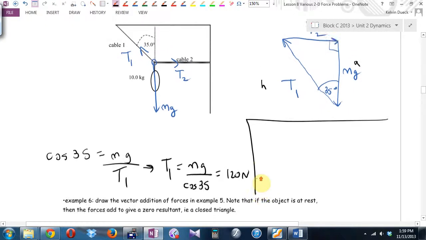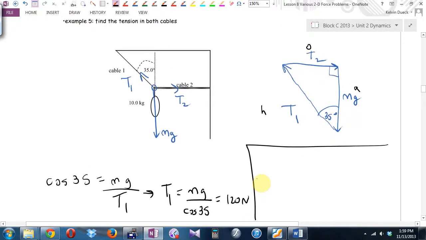Let's find tension 2. Hakeem, which trig function can I use to find tension 2? I could use sine, but let's not, just in case we got tension 1 wrong, let's try and use mg. Which trig function? Tangent. Tan 35 equals what over what?